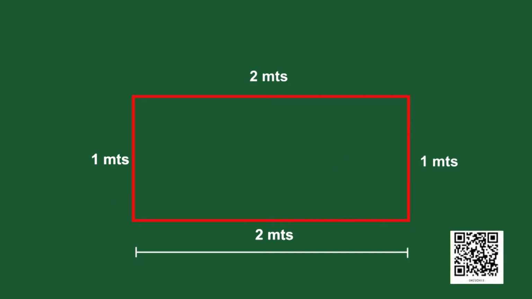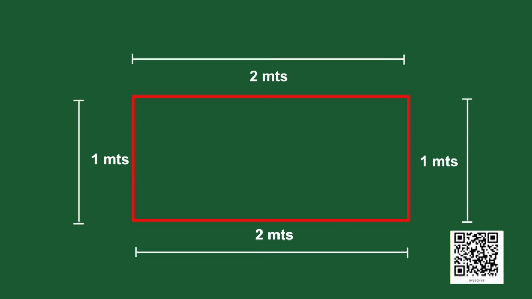What is the length of this side? 2 meters. What is the length of this side? 1 meter. Now, let us measure the other two sides also. The lengths of the sides are 2, 1, 2 and 1 meters respectively.